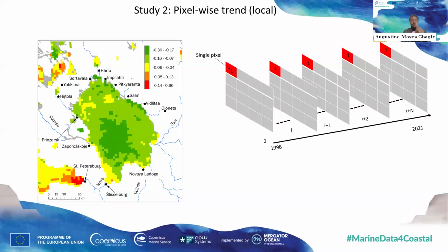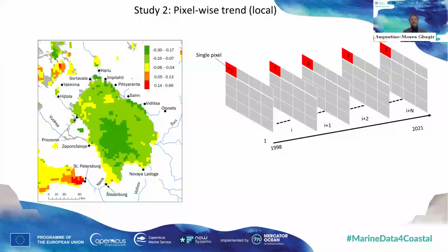You can see those red pixels throughout the time series. We fitted a Mann-Kendall model that gave us a magnitude of change, and then the Sen's slope, which gave us the significance of that change. From what we did, everything was significant, as you see here.